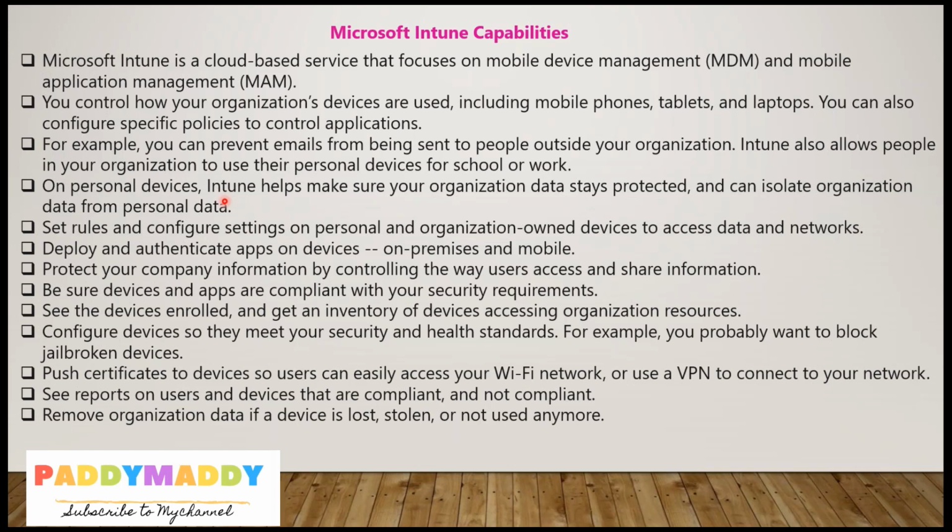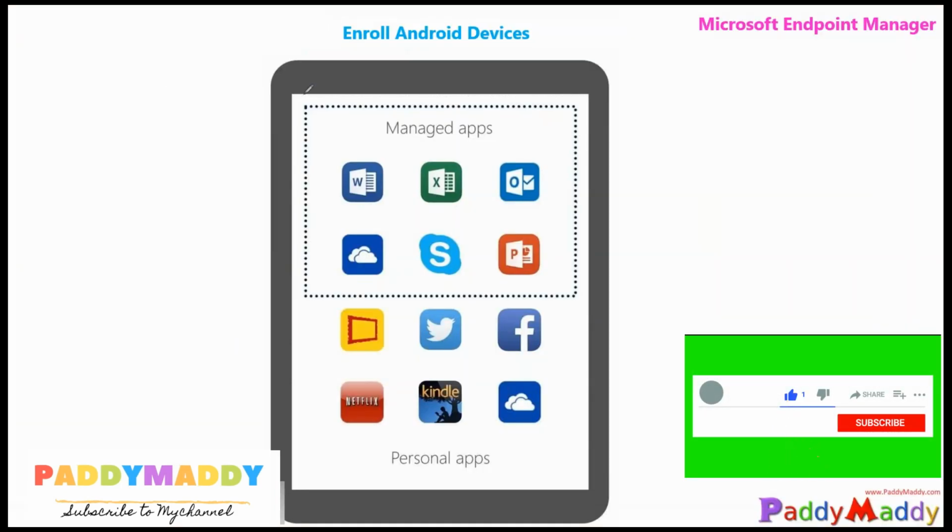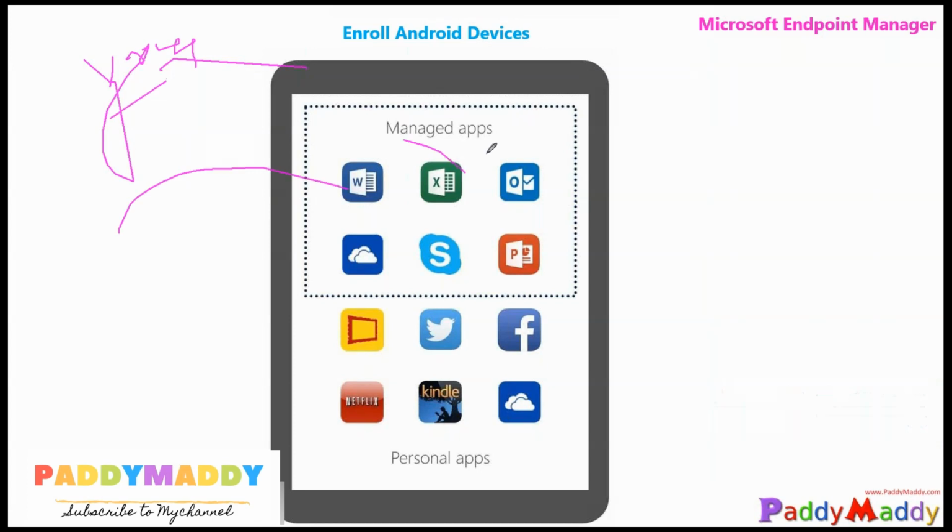But for now, let me give you an example of a configuration you can do very well. Let me show you that device. Let's say this device is owned by you, and when I say you, you're the end user. Your company pushed Word, Excel, Outlook, maybe OneDrive for Business, or Teams, or PowerPoint.